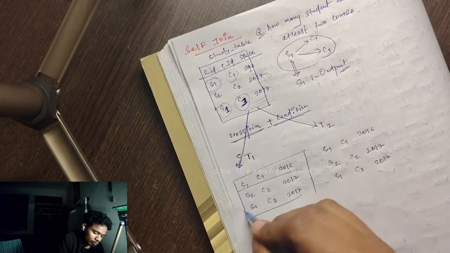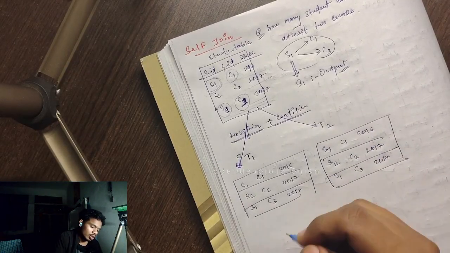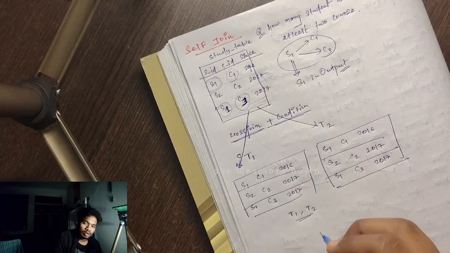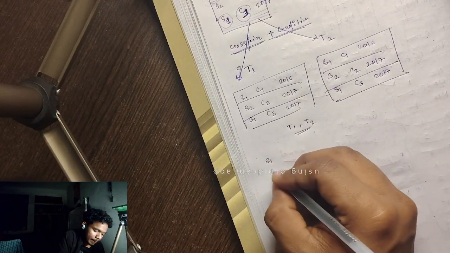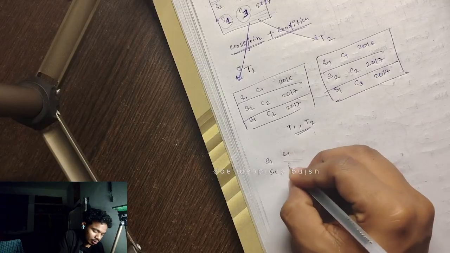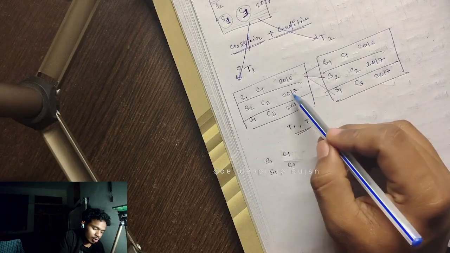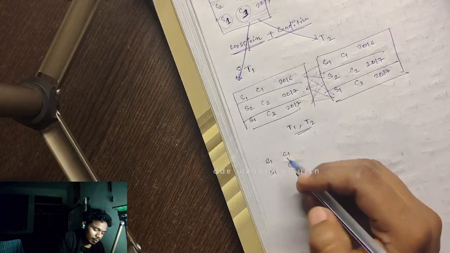Now let's cross join this T1 and T2. If I cross join, this row with these three, then this with these three, and this with these three.